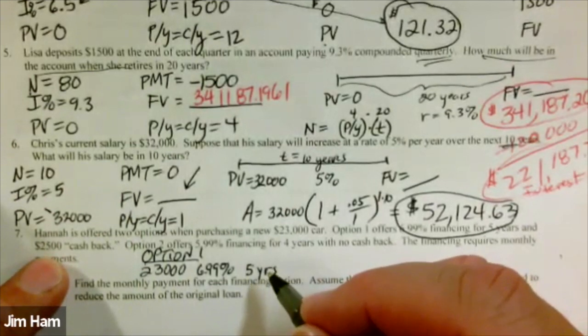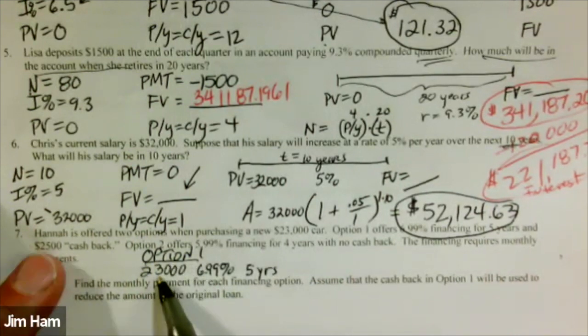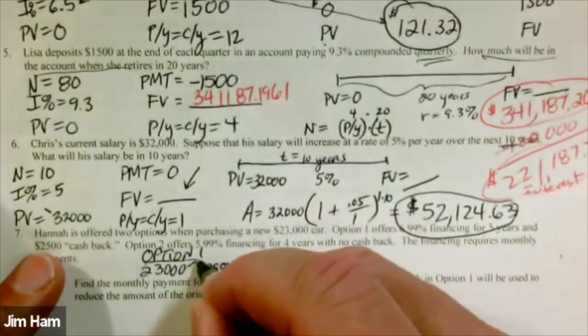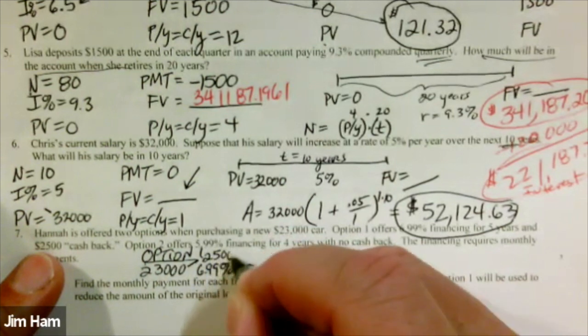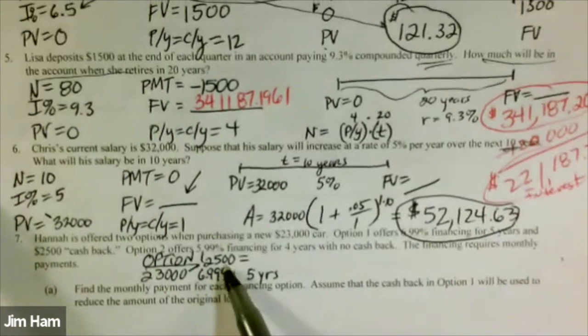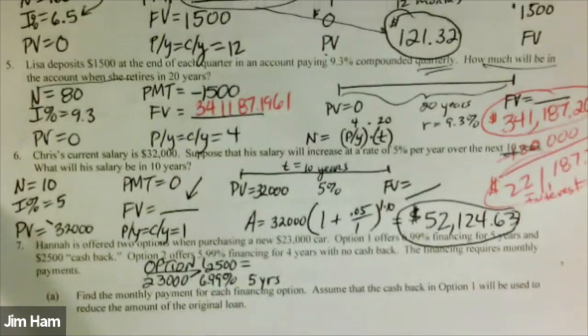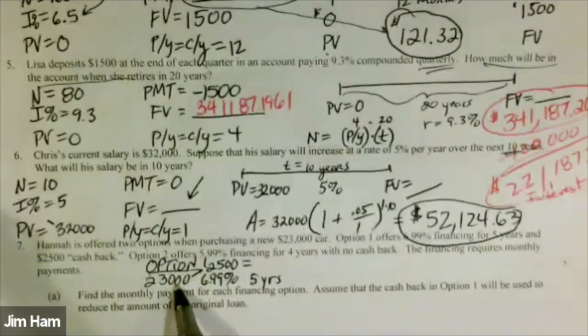and $2,500 cash back. So what that means is that the car was originally this amount, and let's just say that it's after taxes and everything, but then they give you this cash back. So instead of borrowing $23,000, since we get this rebate or this cash back, we're going to subtract. They don't actually give you a check for $2,500. They just use it to pay down the selling price of the car.